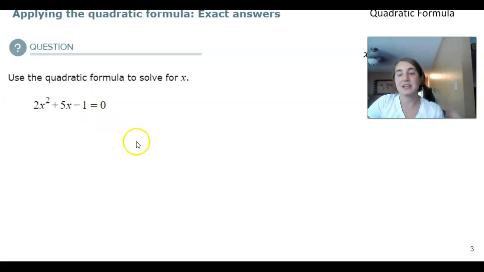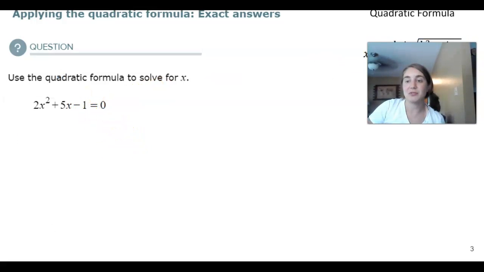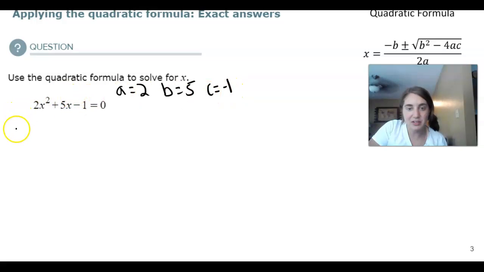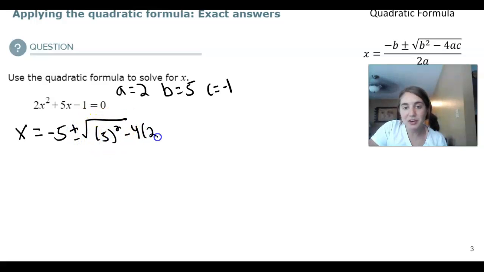So is this in standard form? Yes, it's in standard form. Let's identify my A, B, C is a -1. So x equals negative b plus or minus the square root of b squared minus 4ac all over 2a.